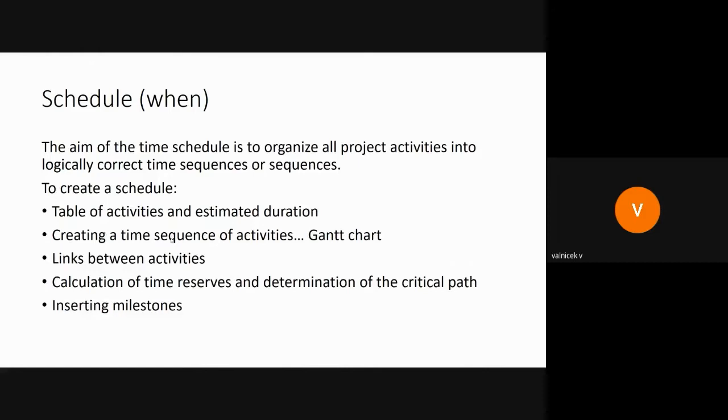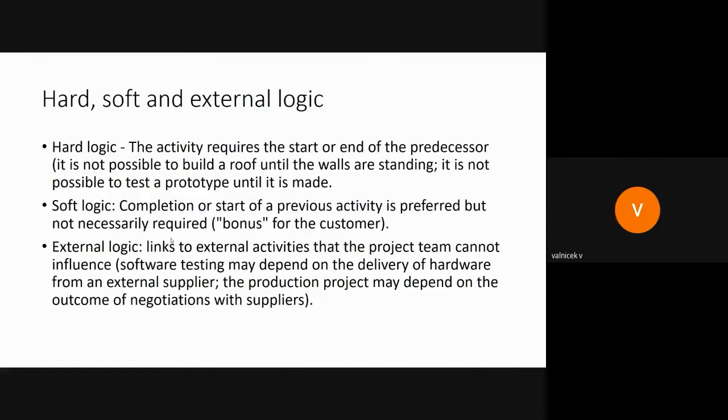You need to create a time sequence of activities, ideally in the form of a Gantt chart. You are linking the activities, you can calculate the time reserves and determine the critical path, and then you can insert the milestones.